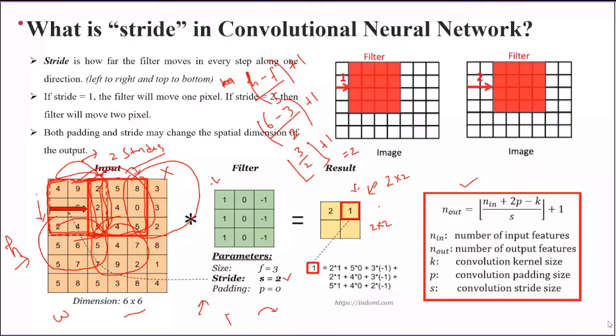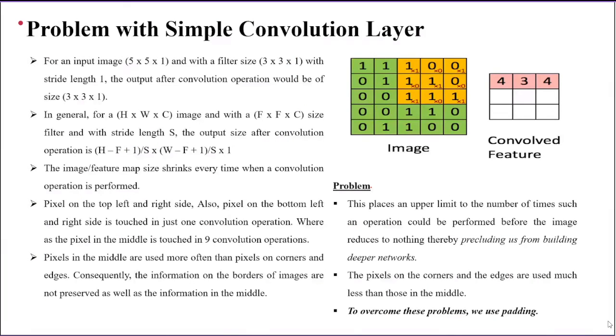One important problem with the stride is, due to this increase in stride values, what happens? The convolved feature or the activation map size will be reduced. So due to this, you cannot increase the depth of the network, because in the first layer you will get 3 cross 3.